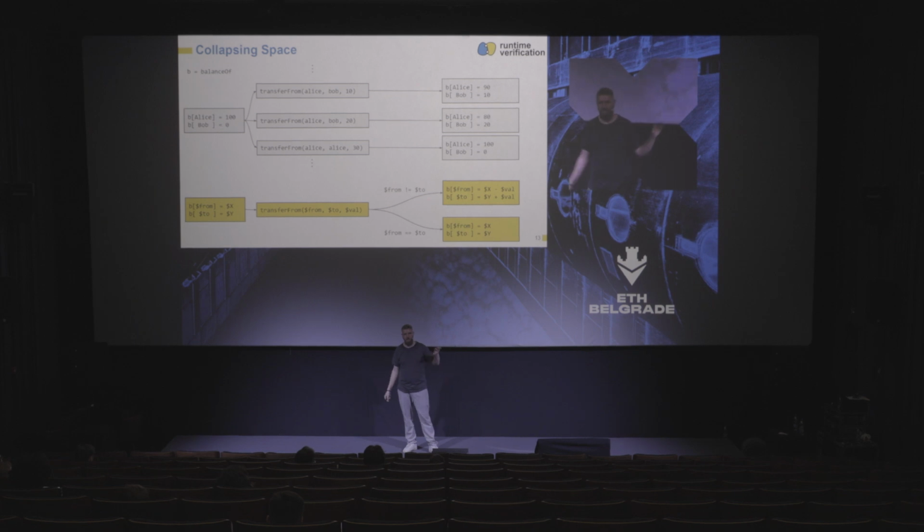And now we only get 2 possible successor states. The first successor state is, the addresses were different, so we credit the one account and we debit the other account. The other case is the addresses were the same, so the balances should actually not change. Executing transactions on an abstract state with abstract inputs, that's symbolic execution. So you can collapse an infinite possibility of transactions into a single abstract transaction.